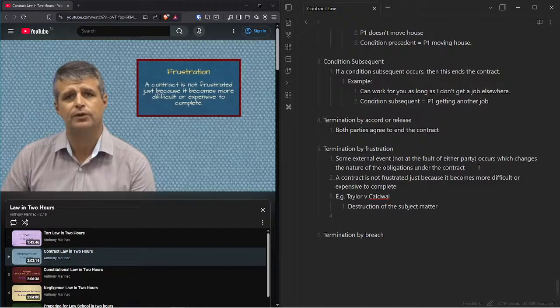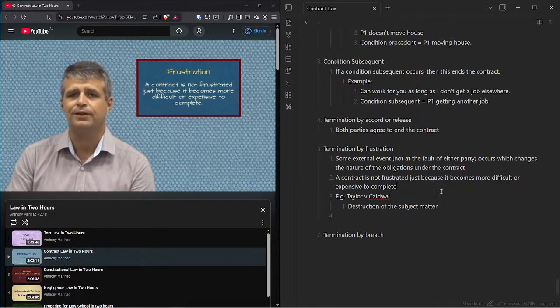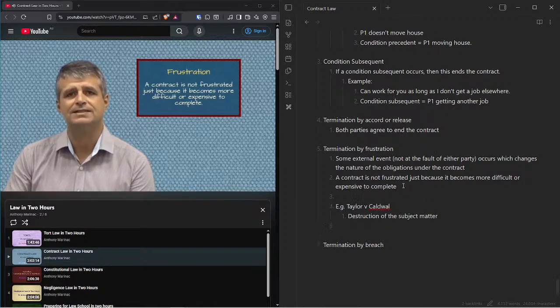It's something that changes, that makes it basically impossible. It has to be rendered a different contract, or the performance has to become performance of a completely different type, not just more inconvenient or expensive than was initially expected.